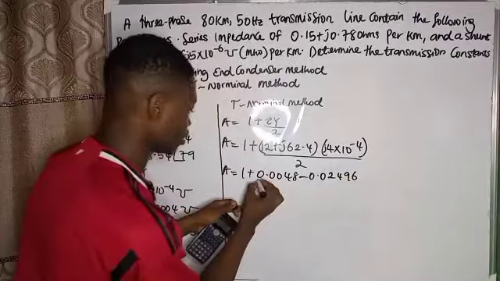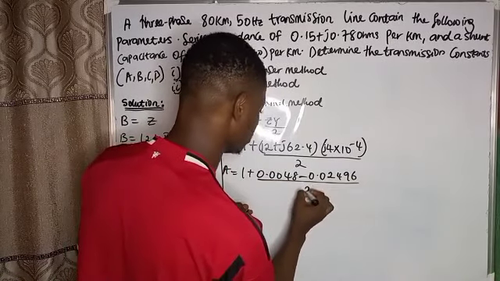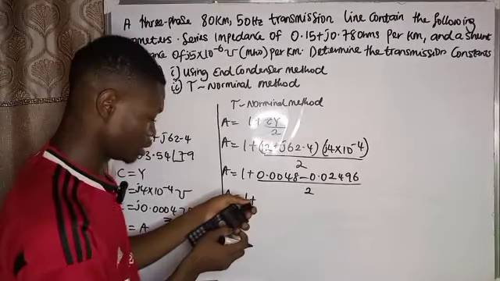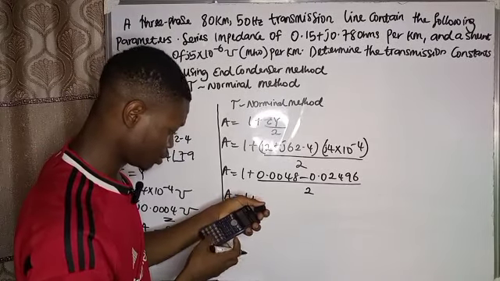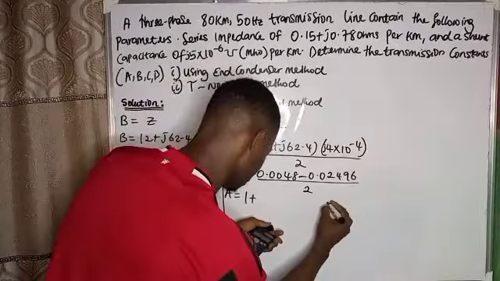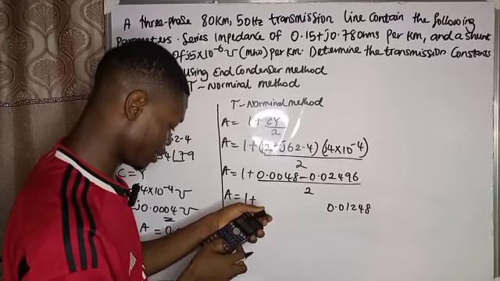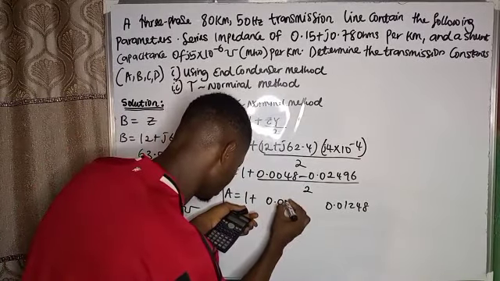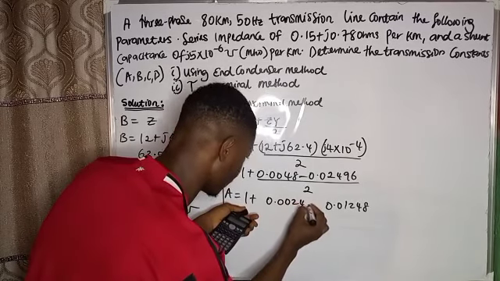Minus 0.02496 all over 2. So A is equals to 1 plus, let me divide by 2. This one is giving me 0.01248. And let me divide this one, 0.0048 divided by 2 is giving me, let me convert, 0.0024.